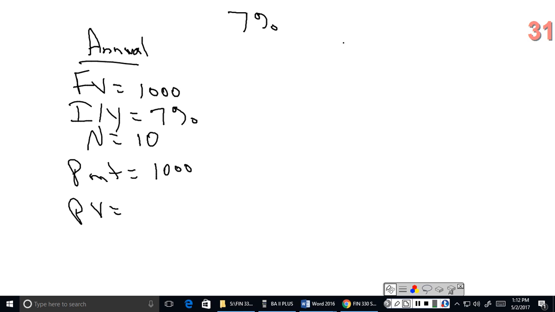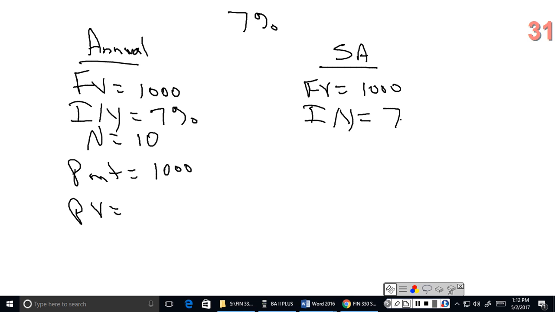Now let me do this for semi-annual interest really quickly. The future value doesn't change. The I/Y for semi-annual is 7% divided by 2, which is now 3.5%. The N is 10 years, but we're converting everything to 6-month increments, so it's 10 times 2, which is 20.